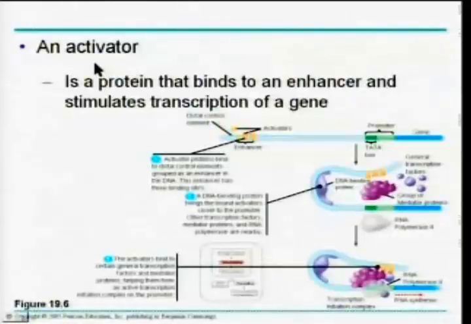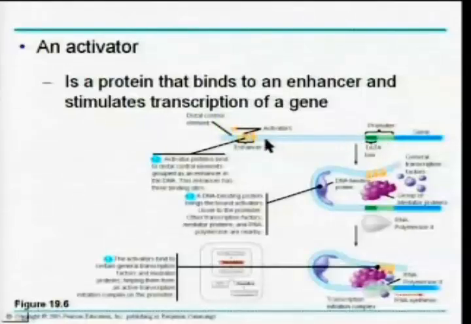So let's consider first the example of an activator shown here. It's a protein that binds to an enhancer and stimulates transcription of a gene. So let's follow through this. Hopefully you're looking at the figure in your text or in the printed slide. Get our orientation. Here's the TATA box within the promoter, and then the downstream gene portion of that.